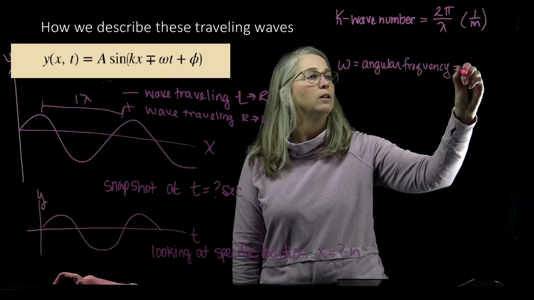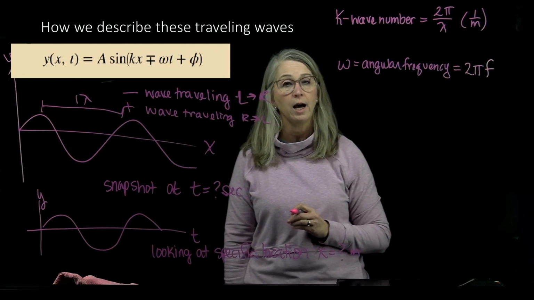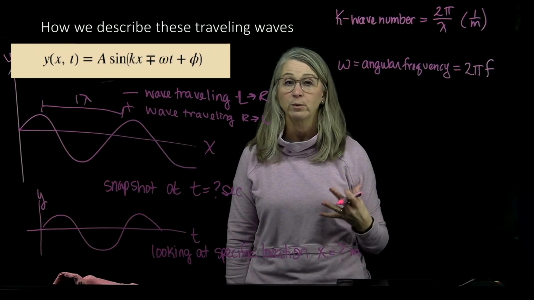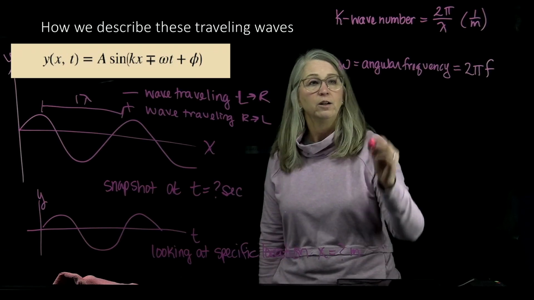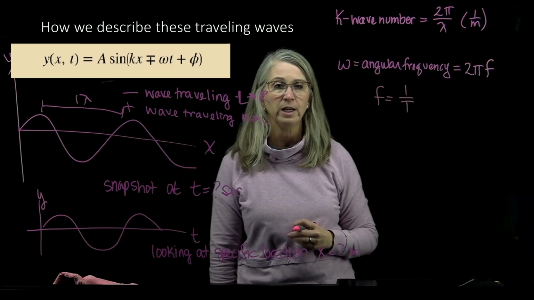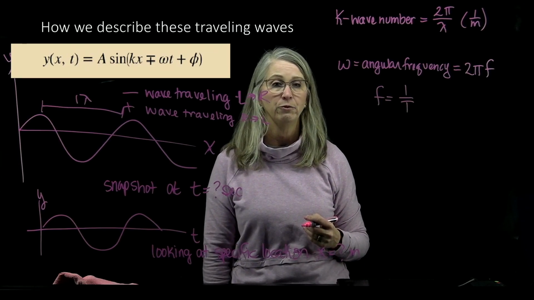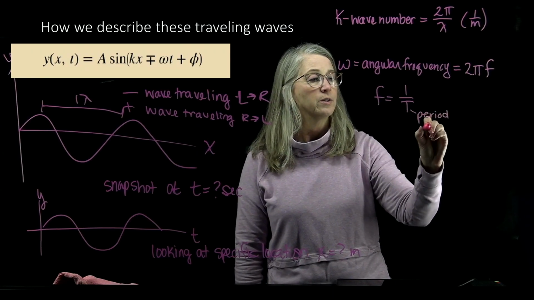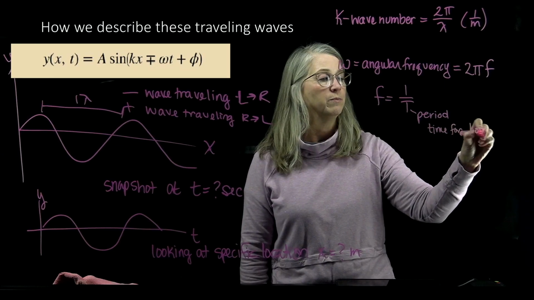We saw last semester that this can be expressed as 2 pi times the frequency, and this would be the frequency of the wave as we talked about previously. And then also remember from simple harmonic motion that frequency and period are inversely related. Remember that this is the period, and this is the time for one oscillation.